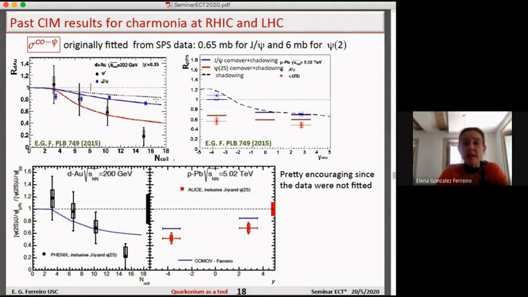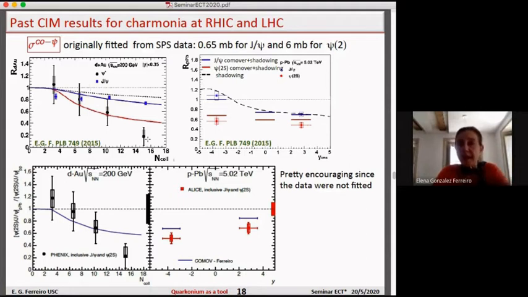You can see that for the ground state it is very small, since the J/psi was considered to have a small interaction cross-section that was originally fitted in 2000, and we never changed it to do this plot. And the psi prime has a larger size, a larger cross-section, so the effect compared to the initial, here is the initial plus the comover together, is an extra effect that can explain the suppression obtained by PHENIX, by RHIC data.